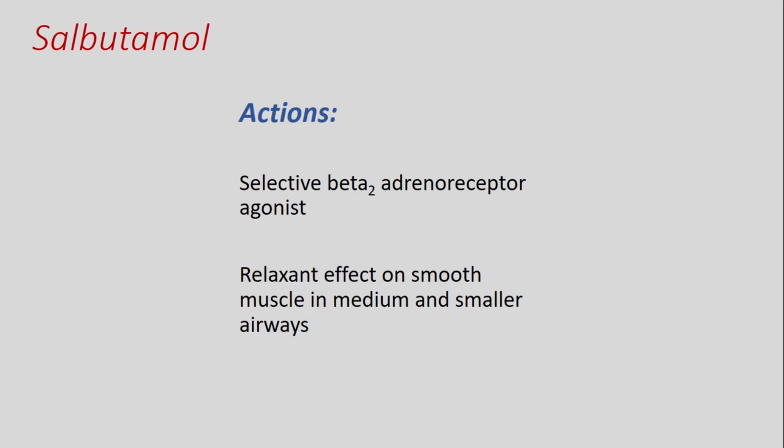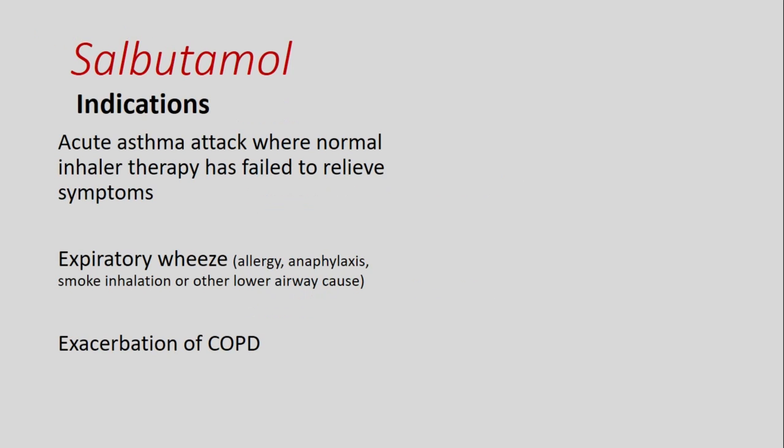This has a relaxant effect on the smooth muscle in the medium and smaller airways, which are in spasm in acute asthma attacks. If given by nebulizer, especially if oxygen powered, its smooth muscle relaxing action, combined with the airways moistening effect of nebulization, can relieve the attack rapidly.